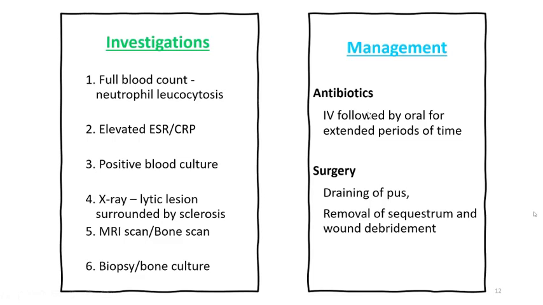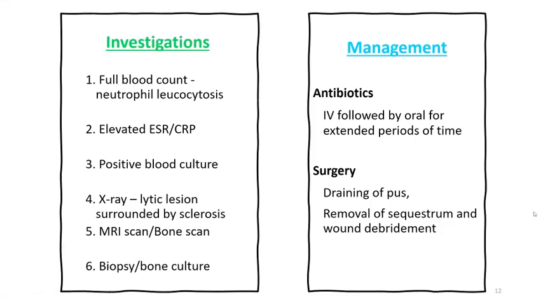And I'm not going to talk about the management in detail because this is a pathology lecture. So management, basically, is IV antibiotic, which has to be for a long period, followed by oral antibiotic. Remove the sequestrum.